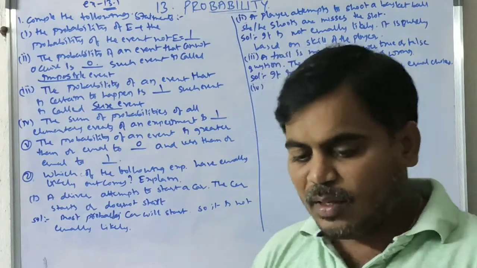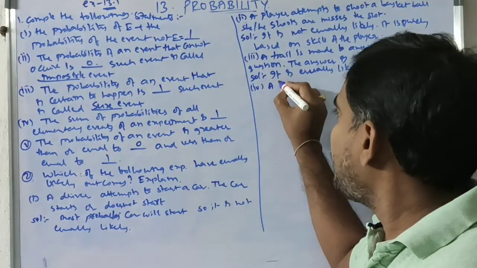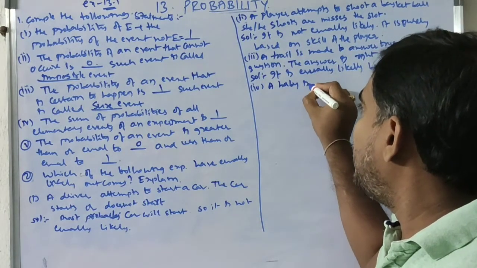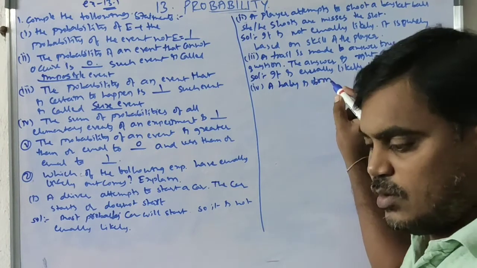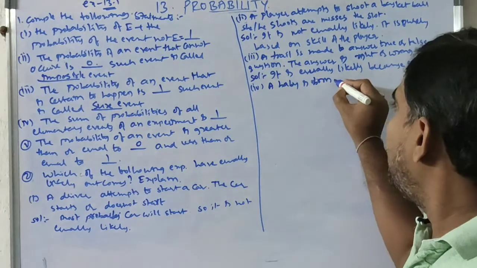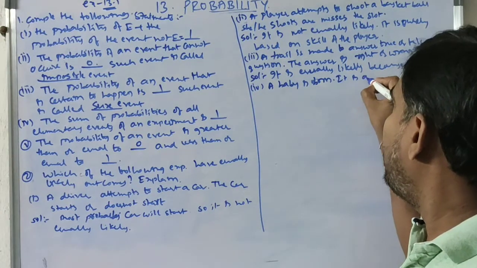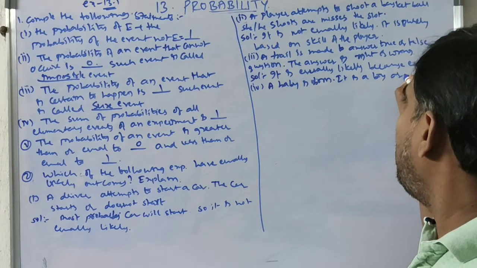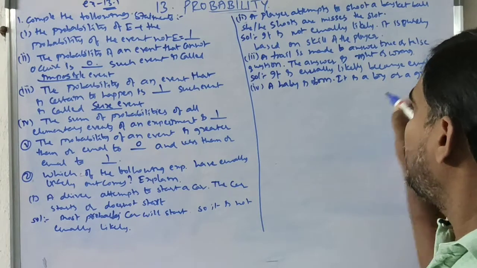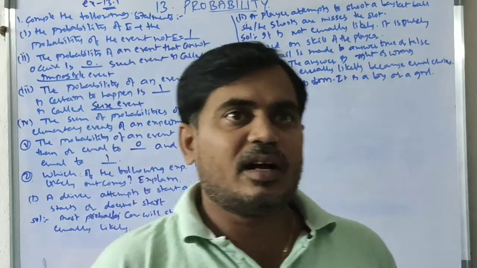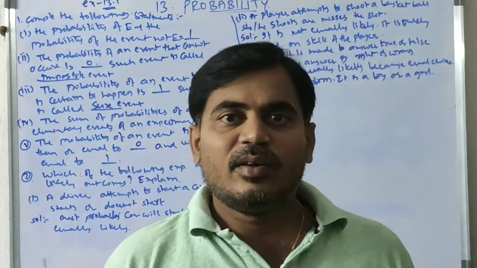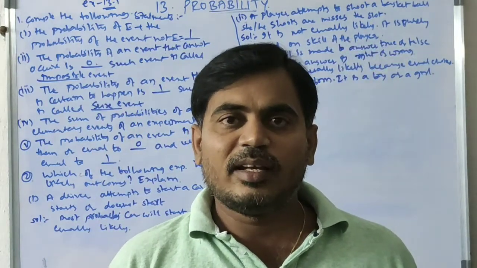Next, fourth: a baby is born. Is it a boy or a girl? There are exactly two choices, and we can't judge until the end which it is. So either it is a boy or a girl.